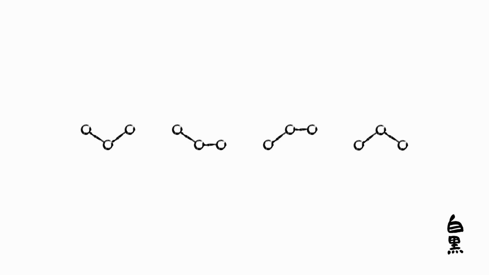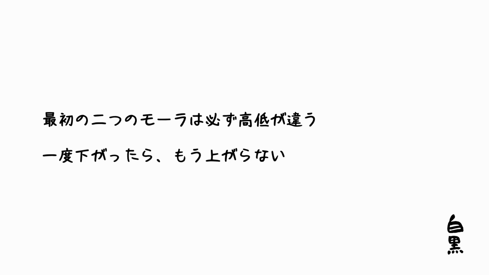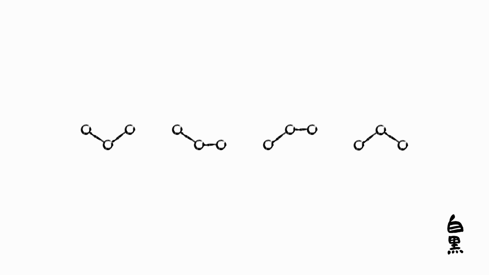Now you might be thinking, so are these the 4 patterns? Well, no. Why not? Rule number 2. Once the pitch drops, it never goes back up. So, which one breaks the rule? Yep, the first one.